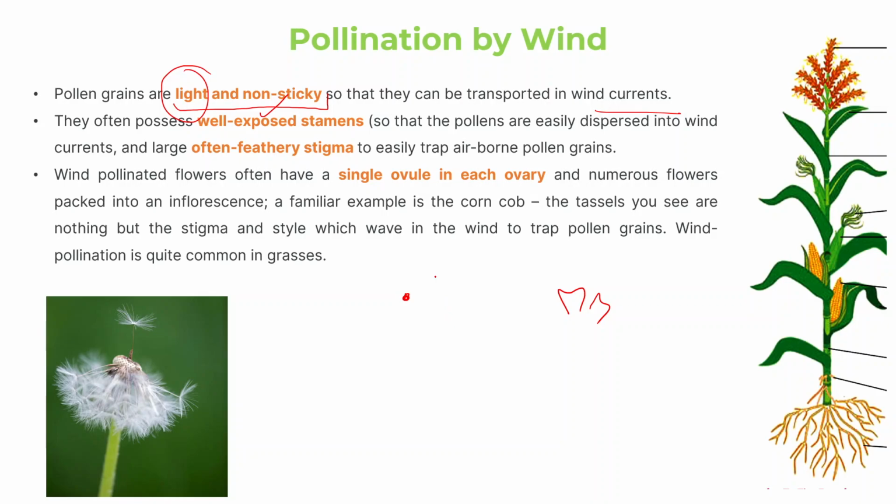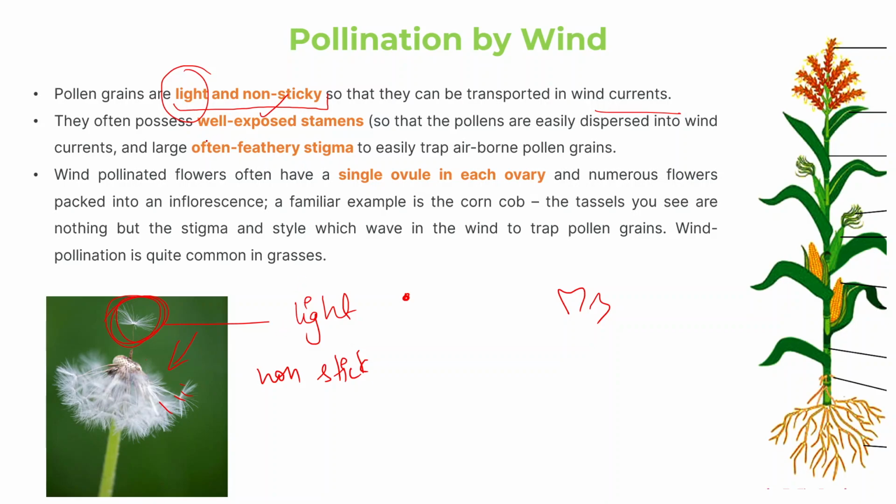Otherwise, it will stick to any surface, right? So you see these kinds of feathers, these are pollen grains, and you could see that they are very light and also look very non-sticky. It will not stick on anything, so that they can be easily transported in wind currents.